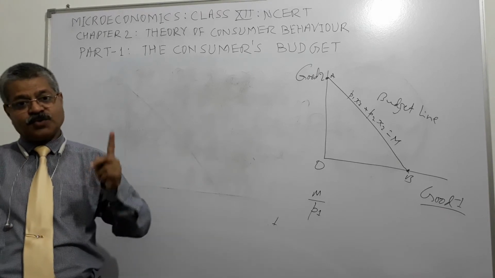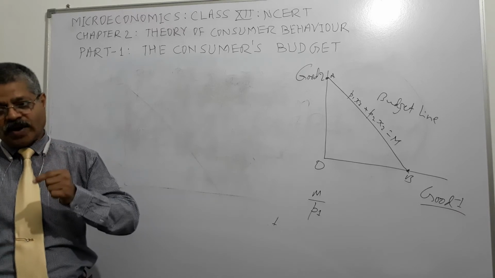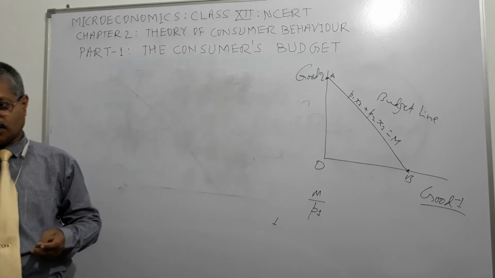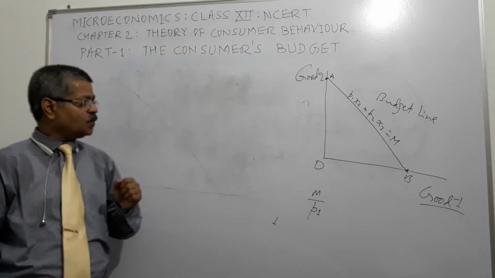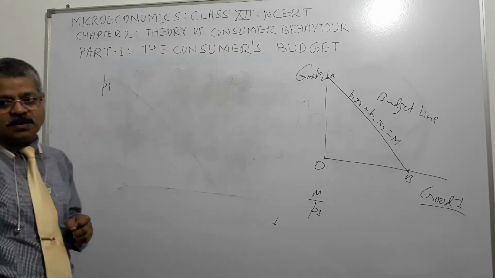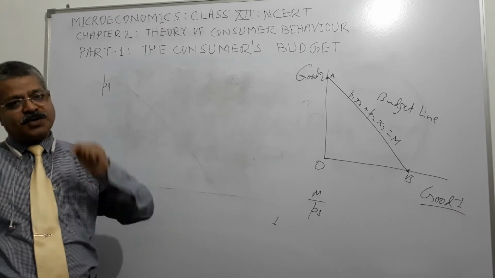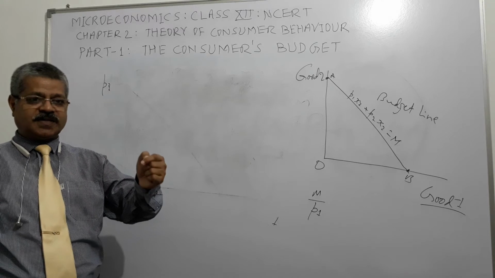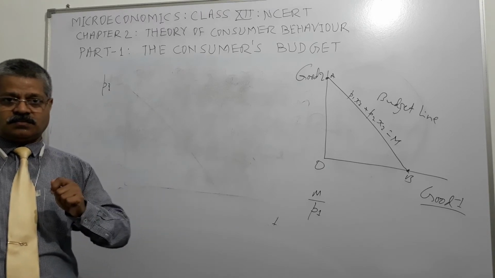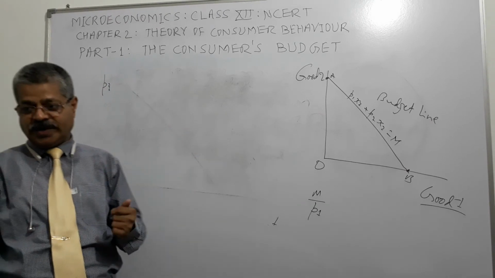So, how much of good two to forego for getting more of good one depends on the price of the two goods, right? Suppose a unit of good one costs P1. He will need to reduce his or her expenses on good 2 by P1, because good 2 he has to forego and more of good 1 he or she has to get, right.